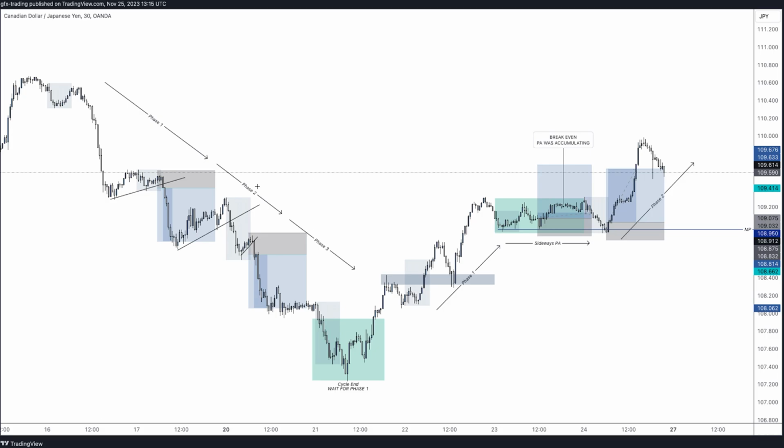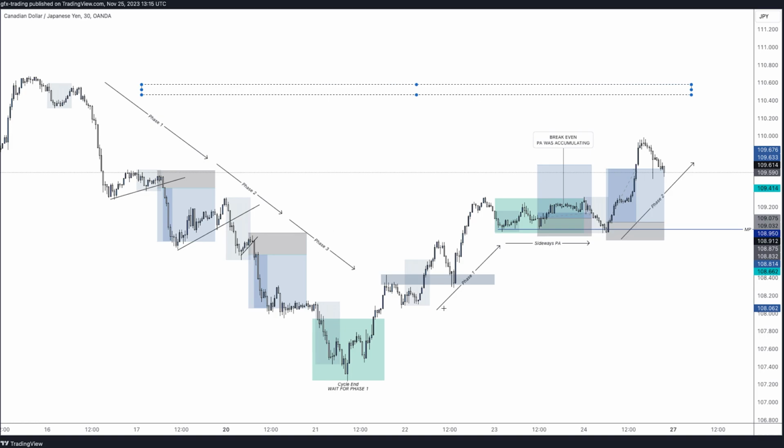Maybe it's a pre-news day, or they just need to accumulate more orders in order to make that phase 2 or phase 3 move. You can also have phase 1, sideways, phase 2, sideways, and then phase 3. So over a period of 5 days, you can move down, sideways, down, sideways, and then down again.